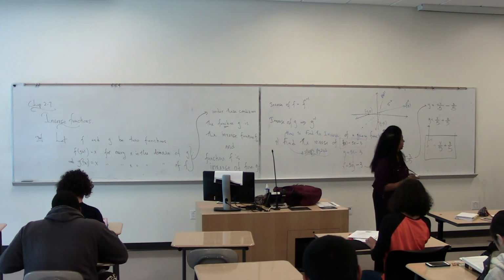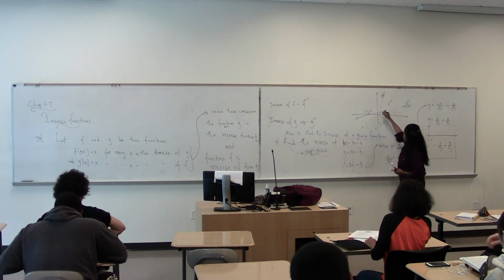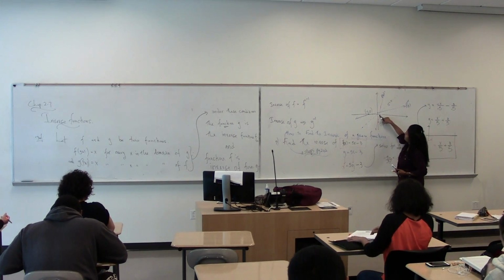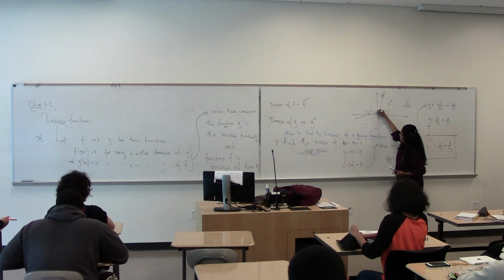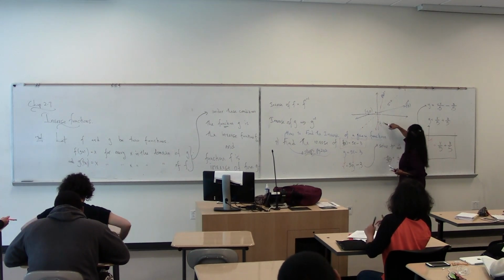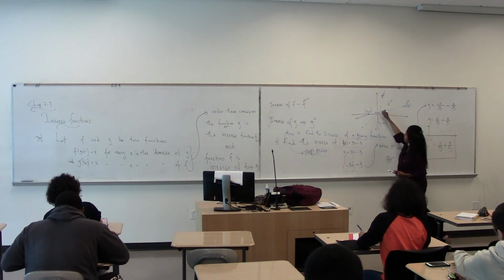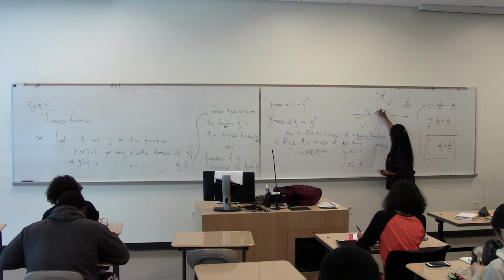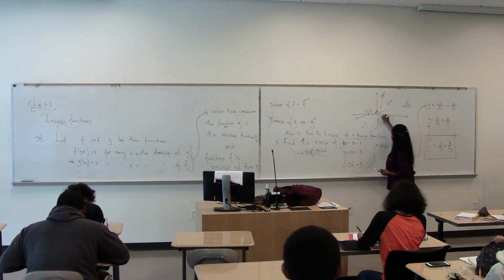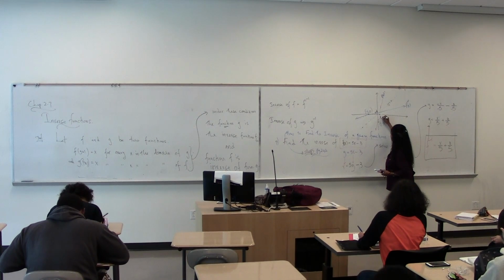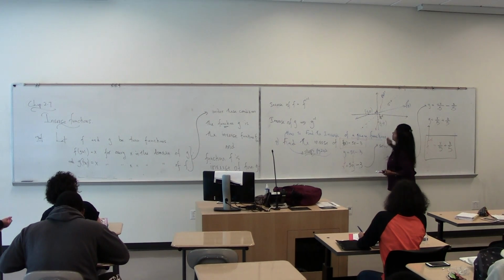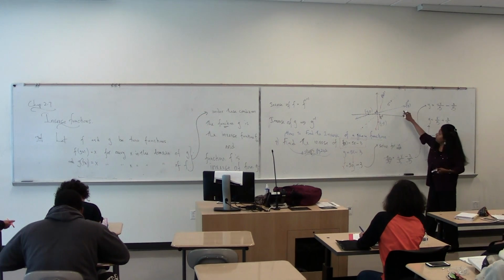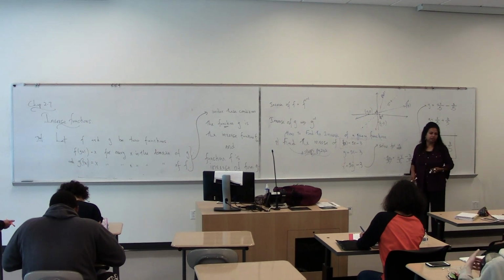Here, this is 0 and 3/5, and here it is 3/5 and 0. All the points work like that.